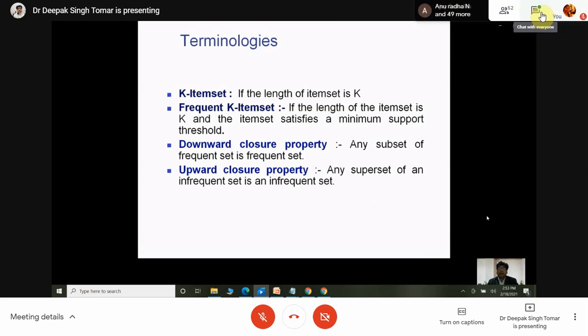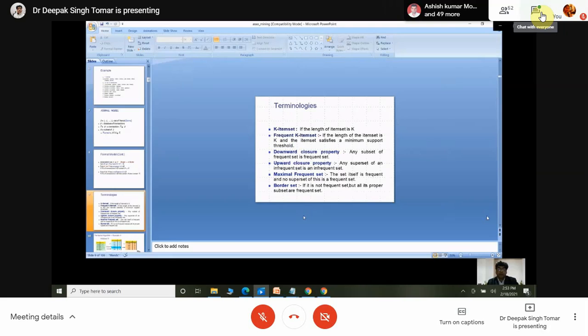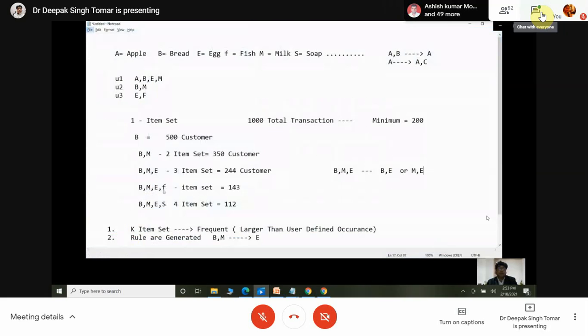Upward closure property: any superset of an infrequent set is infrequent. In our example, this is the frequent set.